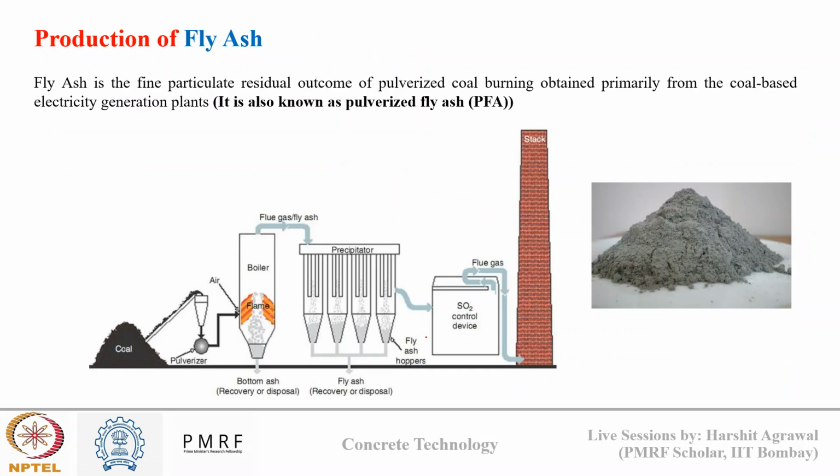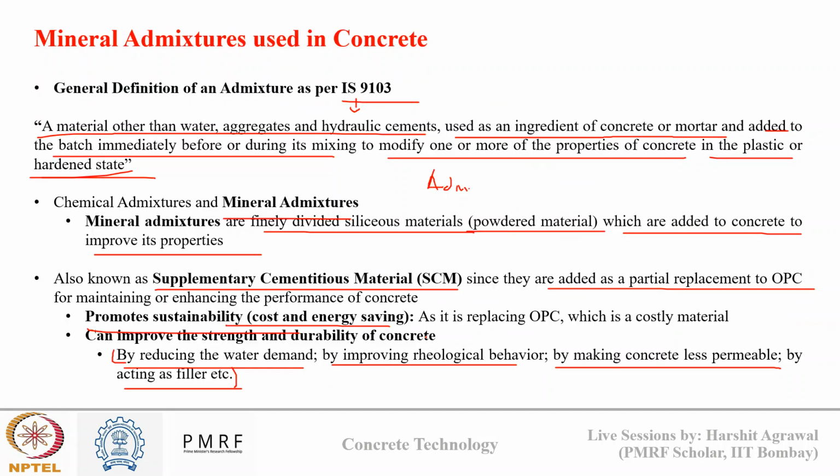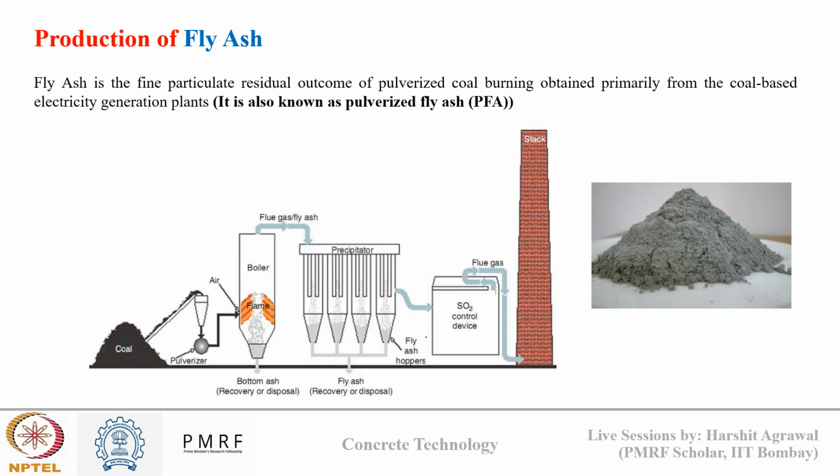Now, how are these supplementary cementitious materials produced? A couple of weeks ago, we had a very brief overview of the source of production of a few SCMs. Today, let's see these things in a little more detail. The most commonly used SCMs are fly ash, ground granulated blast furnace slag, and silica fume. So, our discussion for today will focus on these three SCMs only.